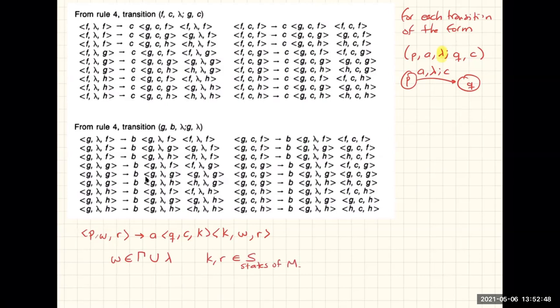What does this mean? That we need to iterate for each K and then for each R. So we will see where is K. K is here and R is here.